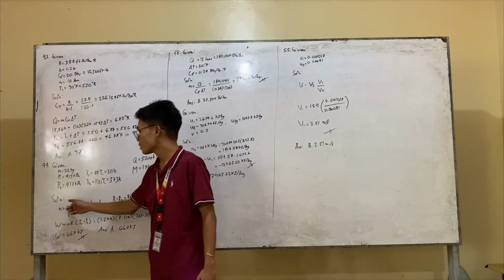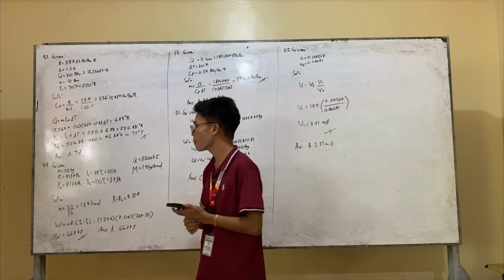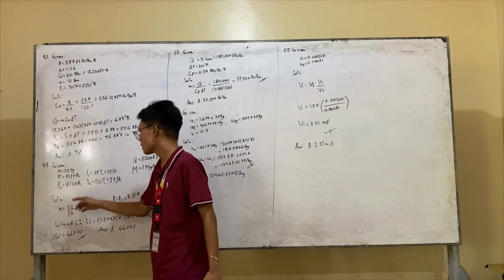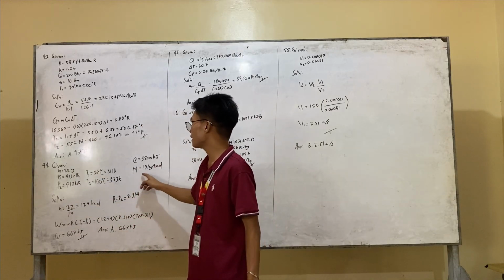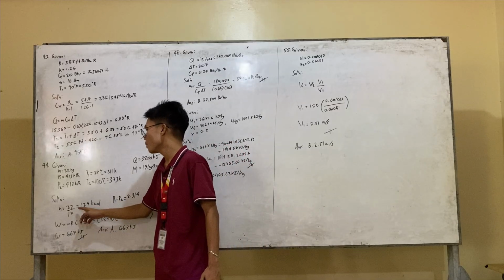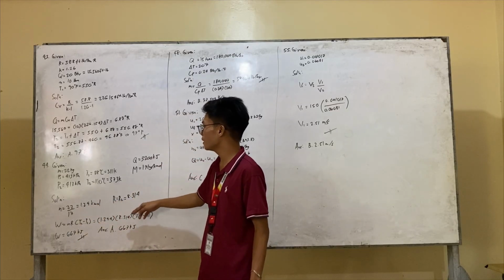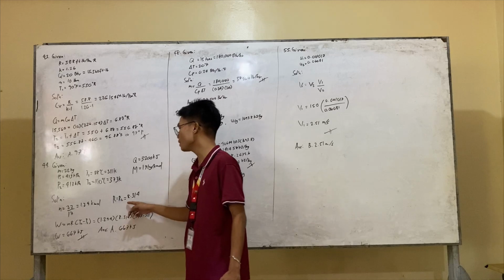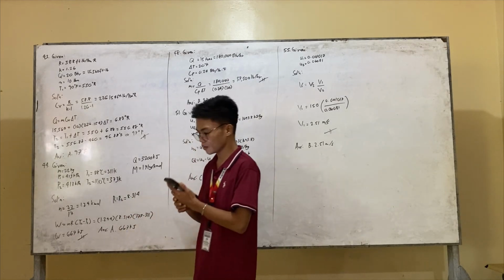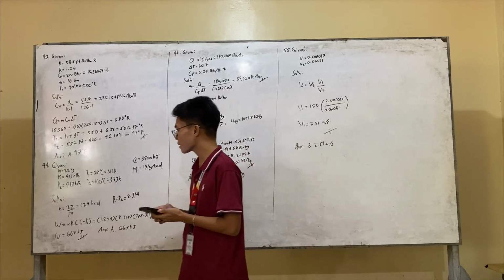So for the solution, we need to find first the n. The formula for n is mass over M, where M is 17 kilogram per kilomole. So we can get 1.294 kilomole, and R is equal to R sub u, which has a value of 8.314. So now we can get the work done.